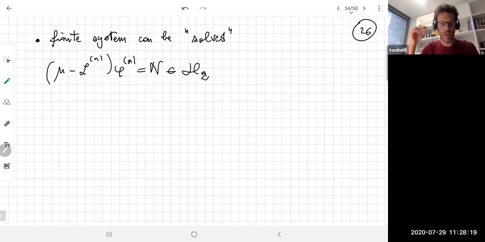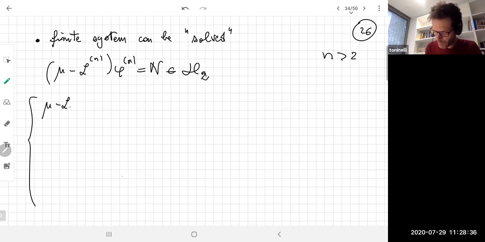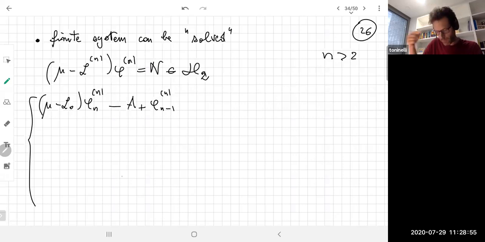Actually, it's convenient to start with the highest chaos. So suppose n is larger than 2. If we project on the nth chaos, the right-hand side gives 0 because n is in the second chaos. And the left-hand side would give you, this would be the first equation, mu minus L0 phi n component n, minus a plus phi n component n minus 1, because when you apply a plus, that goes to the chaos n, and then nothing equals 0.